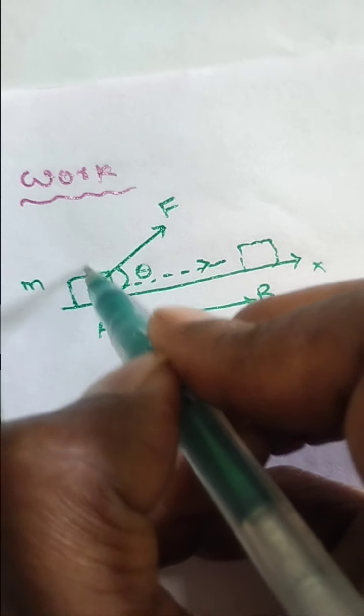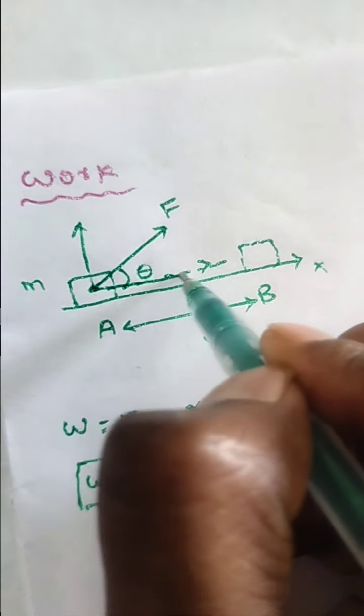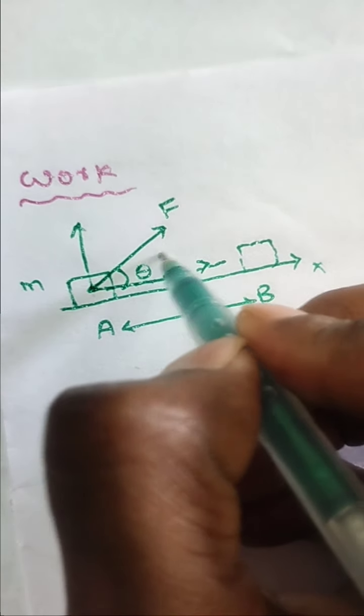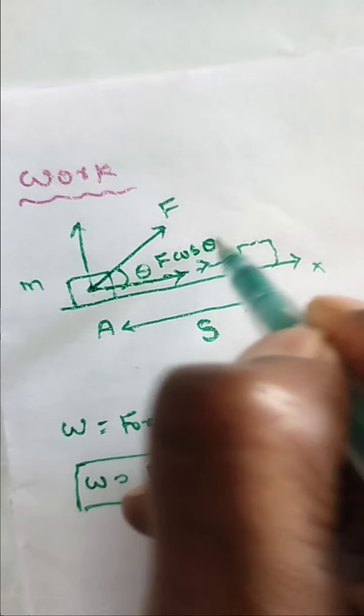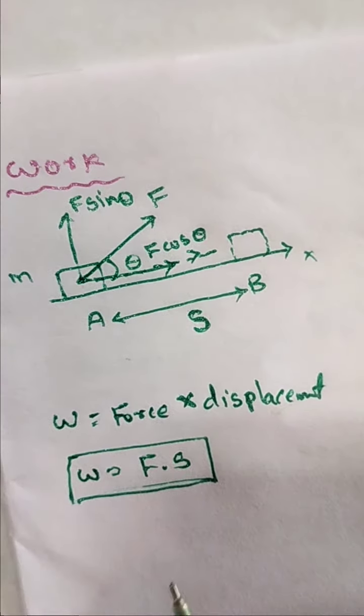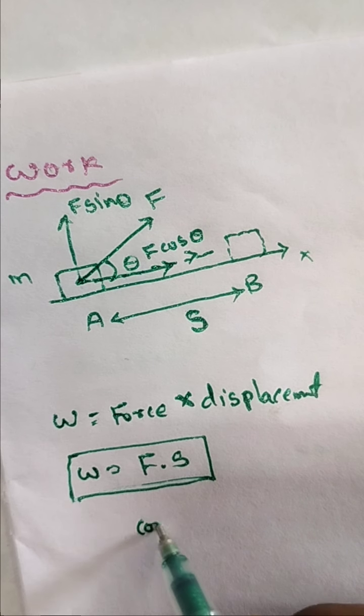So I am dividing F into two components: one in the x direction and one in the y direction. In the x direction the component is F cos theta, and in the y direction the component is F sin theta. So what is the other definition?